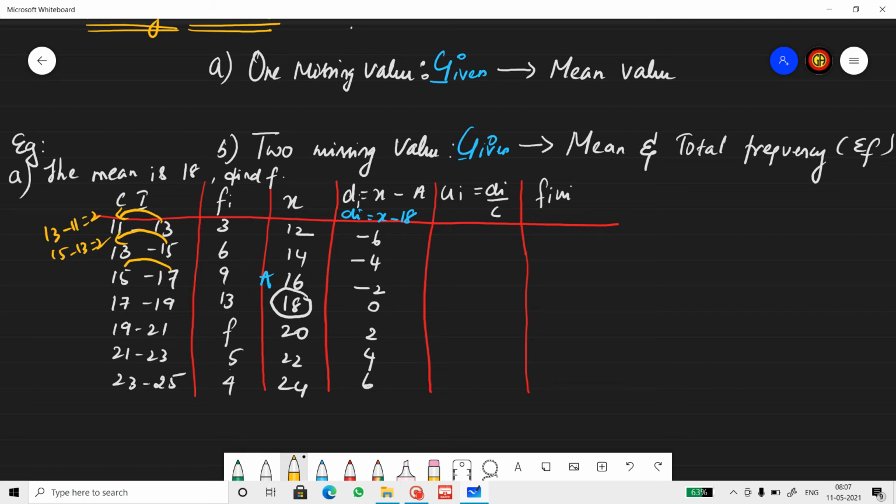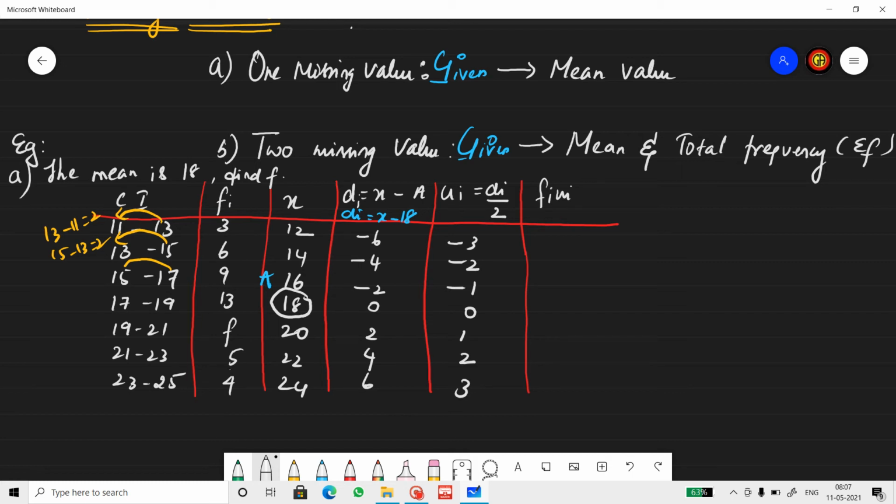So ui is equal to d by c. C is 2. So let's change di to di by 2. Now divide each and every d value by 2. So minus 6 by 2, minus 3. Then minus 2, minus 1, 0, 1, 2 and 3.